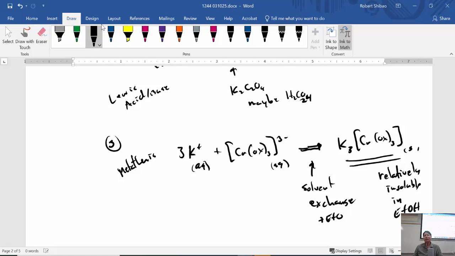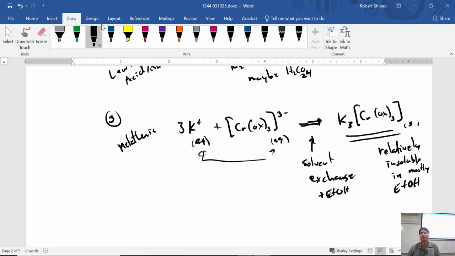And we're going to exchange it in the sense that the main solvent used to be water, and now it's mostly ethanol. And then we're going to cool it in an ice bath. And an ice bath is going to decrease the solubility even further.